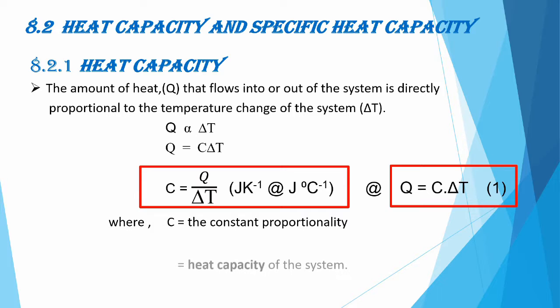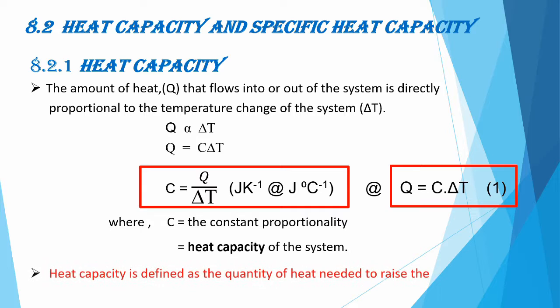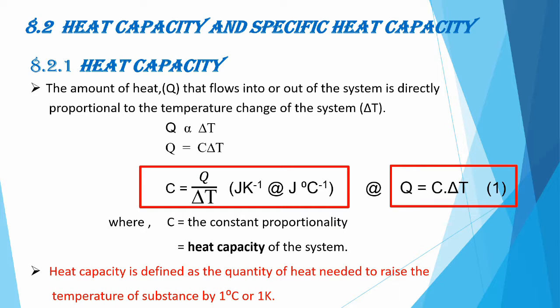The SI unit for C is joule per degree Celsius, or joule per Kelvin. So, heat capacity is defined as the quantity of heat needed to raise the temperature of a substance by 1 degree Celsius or 1 Kelvin.